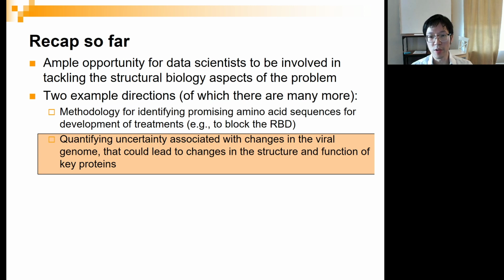So I just want to spend the rest of today talking a little bit about this second point, quantifying uncertainty. In other words, when there are relatively small local changes to an amino acid sequence, can we assess their potential impacts on the 3D structure of, say, the key proteins?